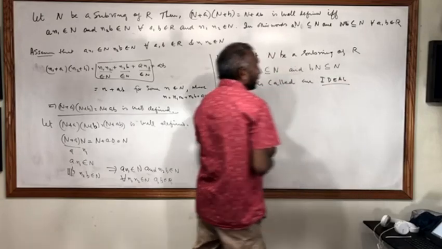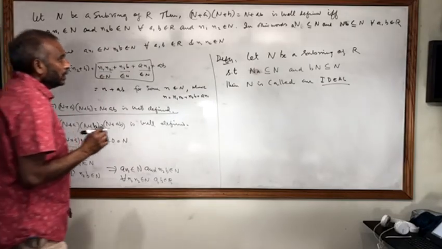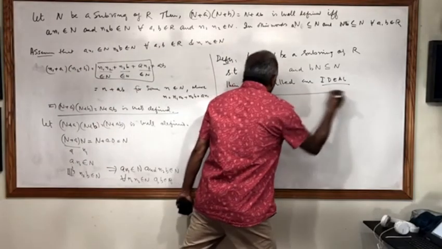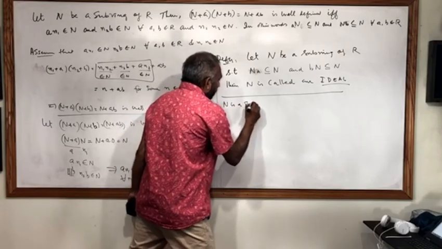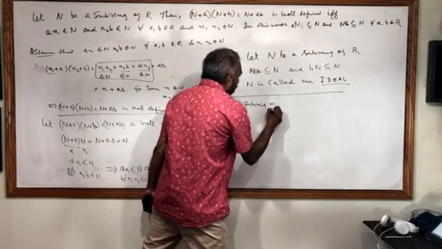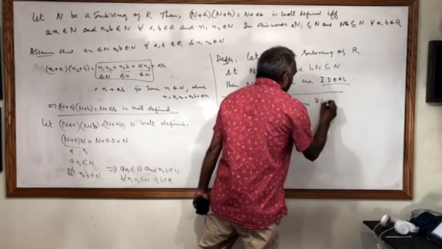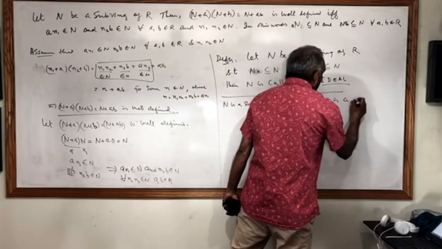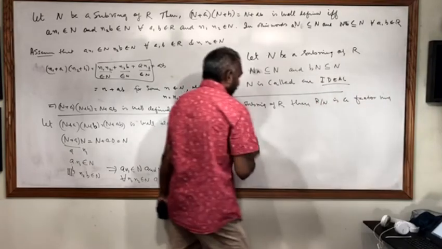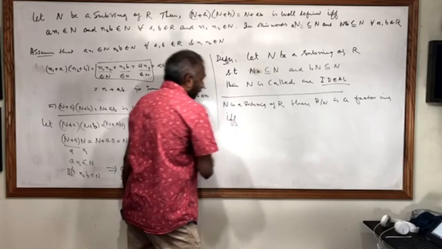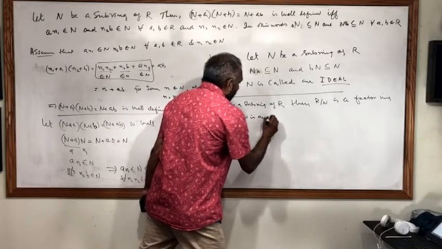It's a very important structure in ring theory. So if N is a subring of R, then R by N is a factor ring if and only if N is an ideal.